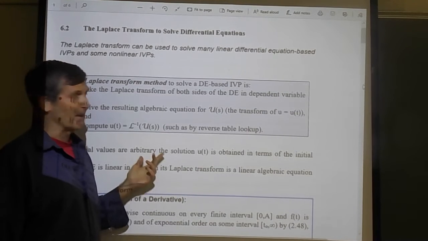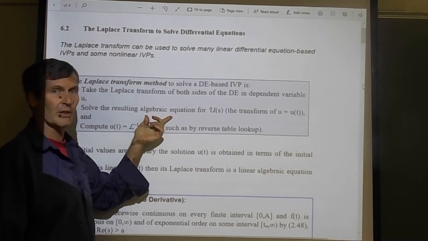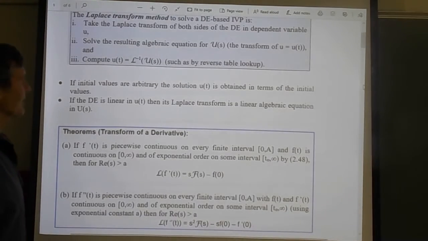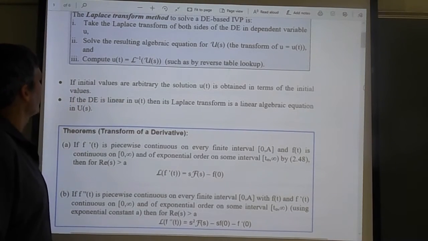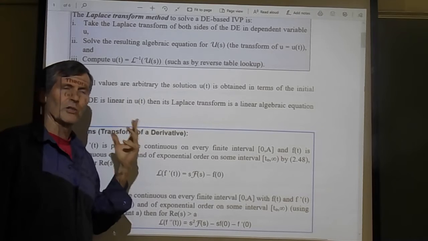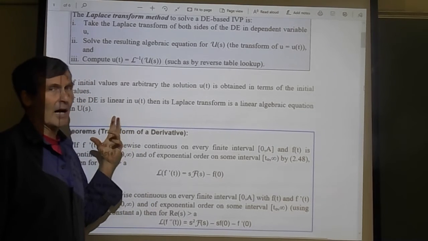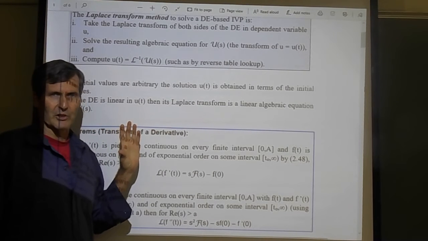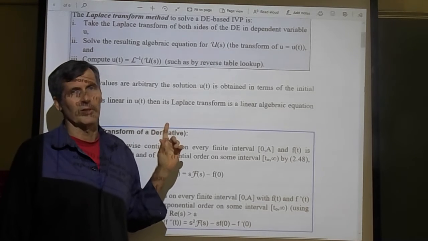We said last time, furthermore, that if you start with a linear differential equation, all you have to solve here is a linear algebraic equation. So that's the easy kind. Another interesting comment: if you leave the initial values arbitrary, then you can get out the solution in terms of arbitrary initial conditions. The Laplace transform is really set up for initial value problems.